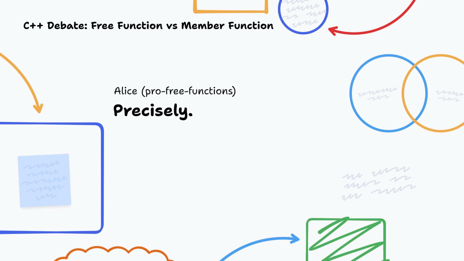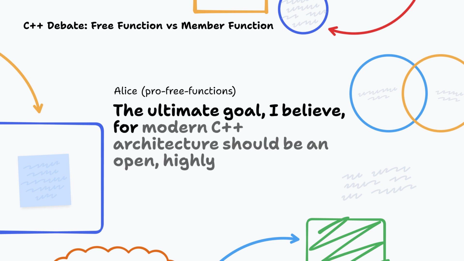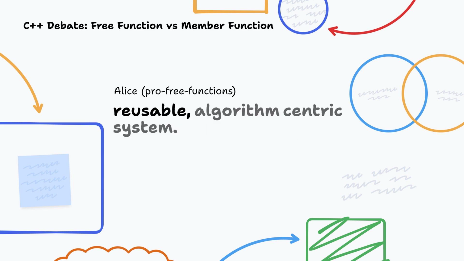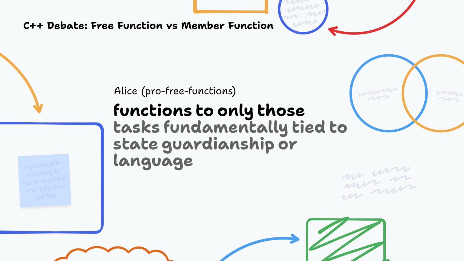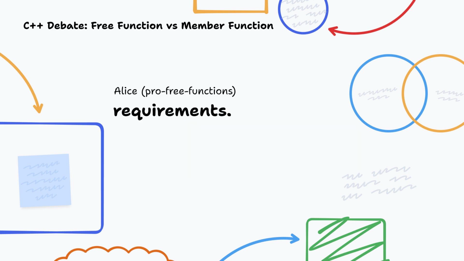Precisely. So to wrap up my side, the ultimate goal, I believe, for modern C++ architecture should be an open, highly reusable, algorithm-centric system. And the way we get there is by being really disciplined. Strictly limit member functions to only those tasks fundamentally tied to state guardianship or language requirements.